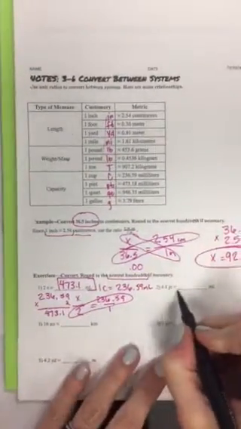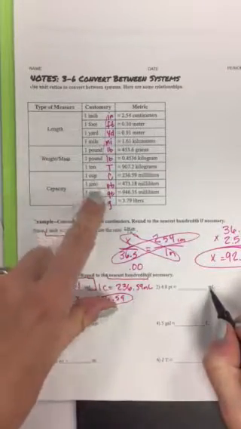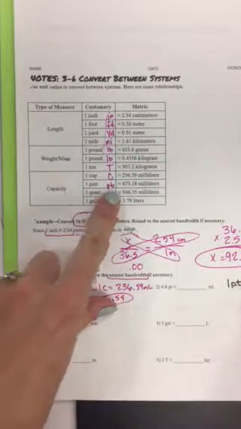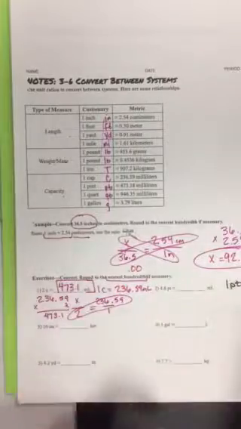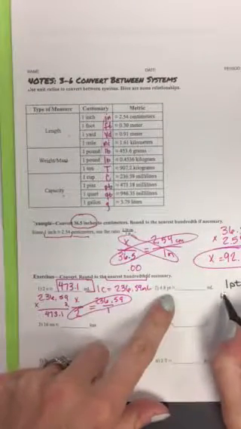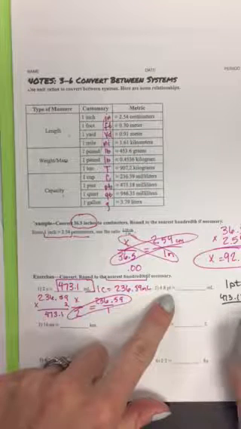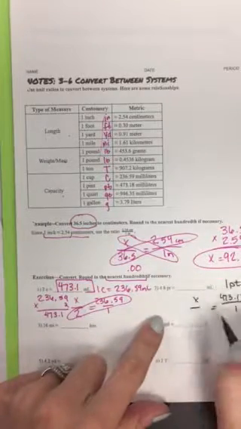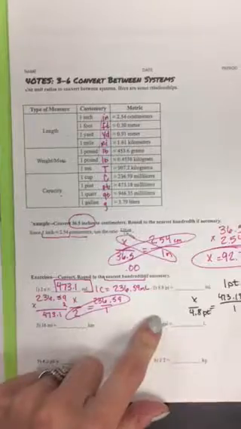Okay, number 2, 4.8 pints is roughly equal to how many milliliters? So let's find pints. So we know 1 pint equals 473.18. Same thing. 473.18 milliliters over 1 pint. It's going to equal how many milliliters for 4.8 pints?